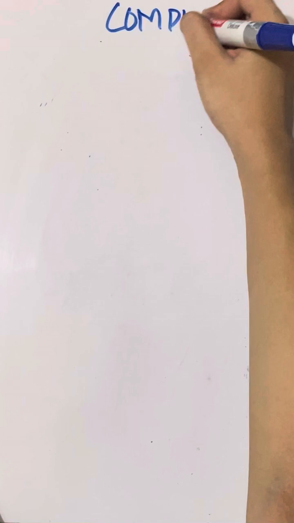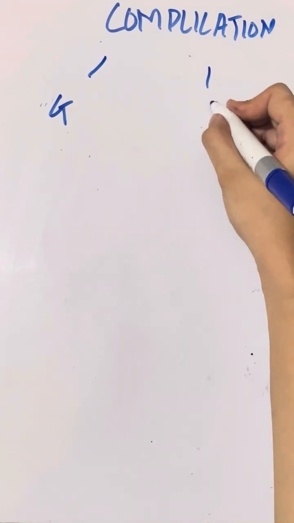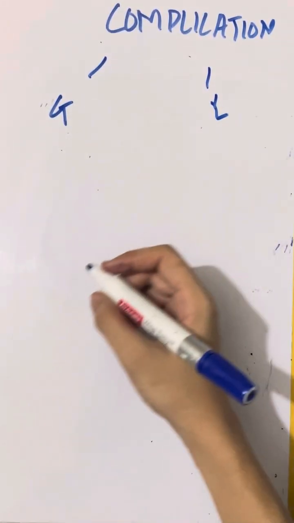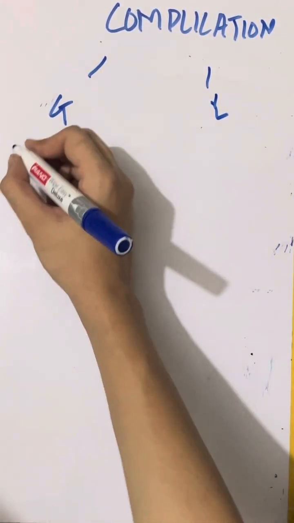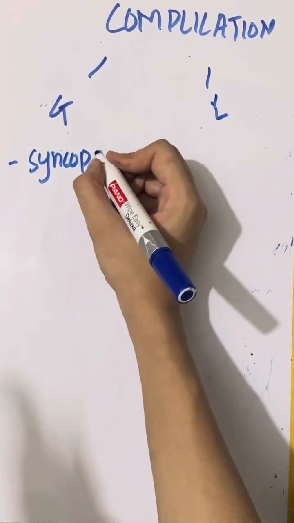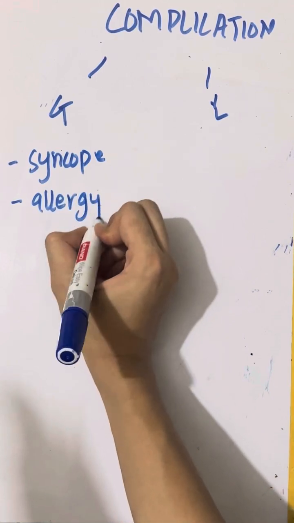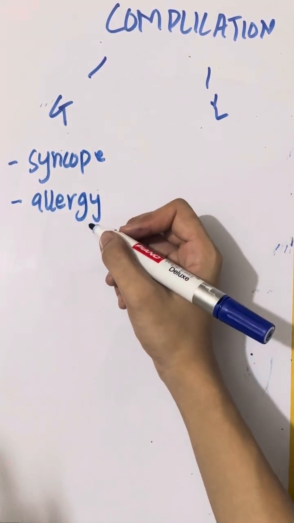So these were all the techniques. Now we will discuss the complications. Complications of local anesthesia can be generalized and localized. The generalized can be syncope, meaning fainting, which occurs due to anxiety, or allergy to the local anesthesia or any agent present in its composition.